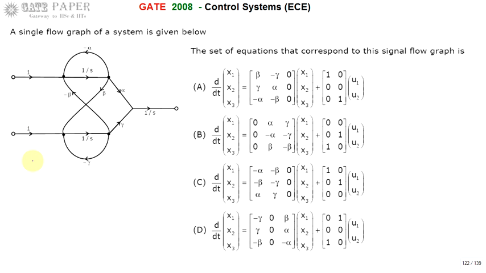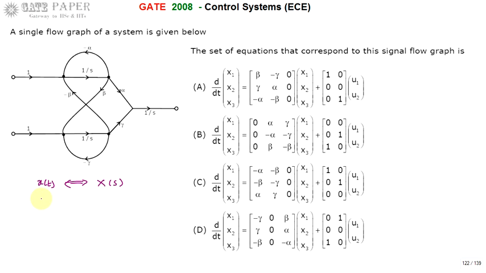First of all, we should know about the Laplace transform. We know if x of t is a signal in the time domain, after taking the Laplace transform it will be represented as x of s.